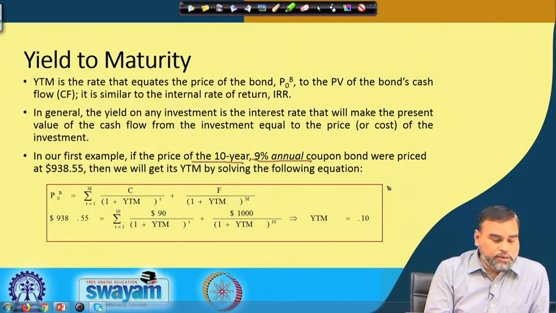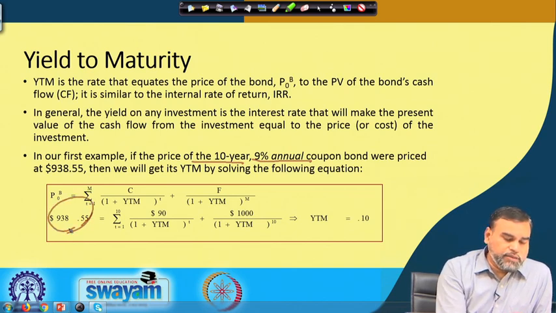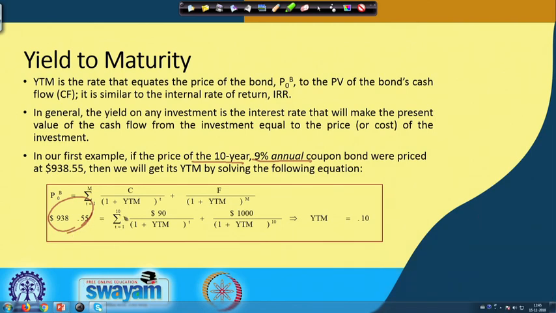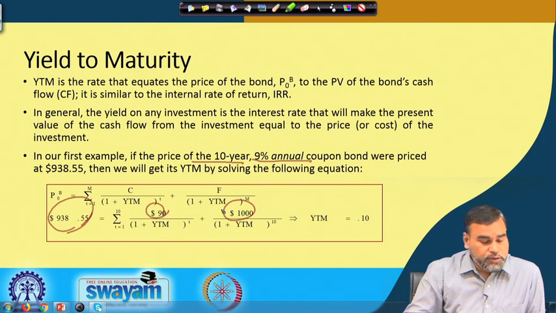But now let the price be given. We calculated the price at that time as 938.55, and this 938.55 is what you get if you discount the 90 rupees in each period as well as the par value of the bond, 1000.